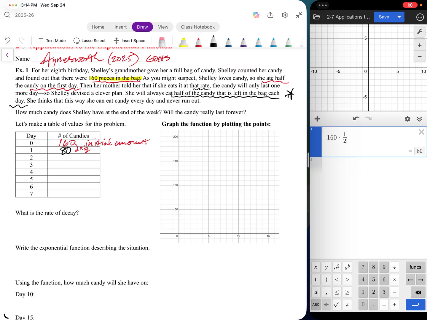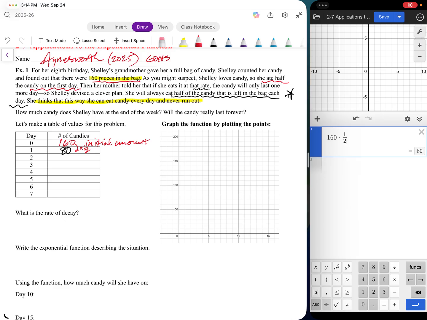And she thinks this is the way she can eat candy every day and never run out. Ooh, okay. Is she correct? How much candy does Shelly have at the end of the week? And will the candy last forever or will it run out? Well, let's find out.